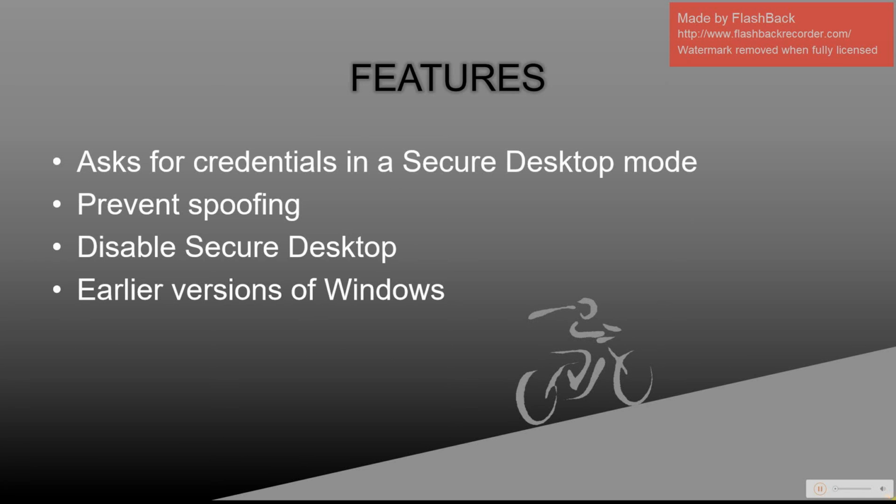Alright, on this slide you will know about the features of UAC. UAC asks for credentials in a secure desktop mode, where the entire screen is temporarily dimmed, windows are disabled, and only the authorization window is at full brightness to present only the elevation user interface. Normal applications cannot interact with the secure desktop.